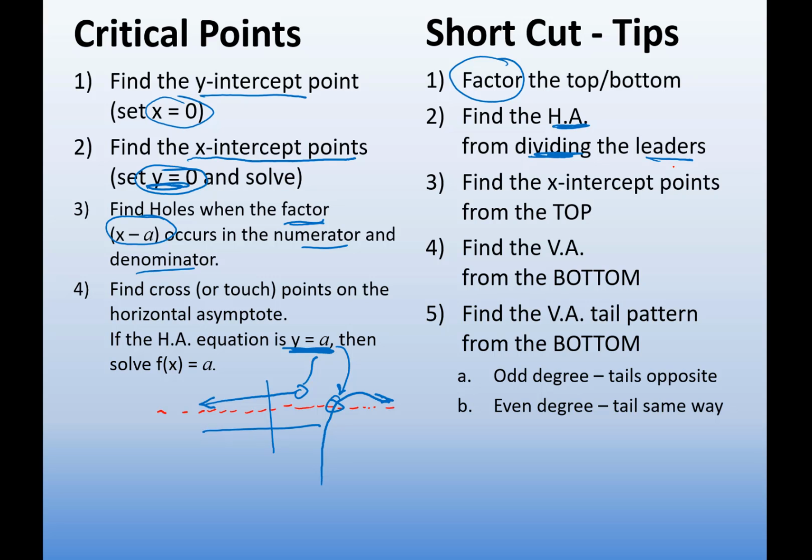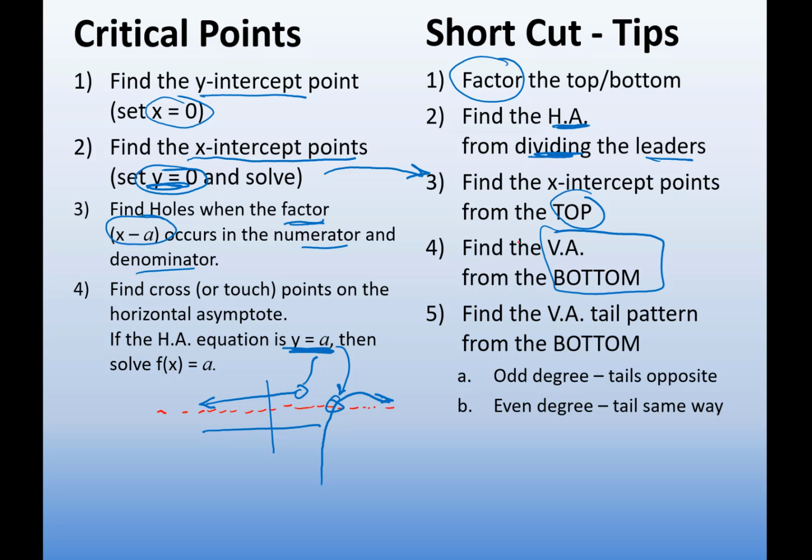Now, this is that shortcut I was telling you about right here. When you solve the function for 0, the denominator is going to get multiplied out, and it's not going to affect the solution. So the x-intercept points totally involve the top. So if you need an x-intercept point, it's really about solving the top. Vertical asymptotes totally involve the bottom.